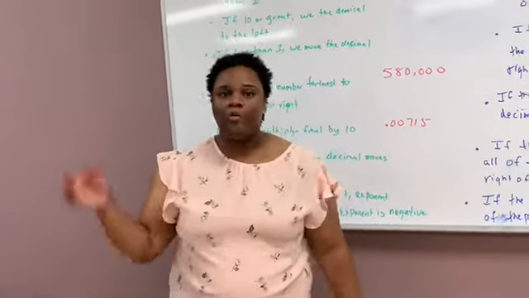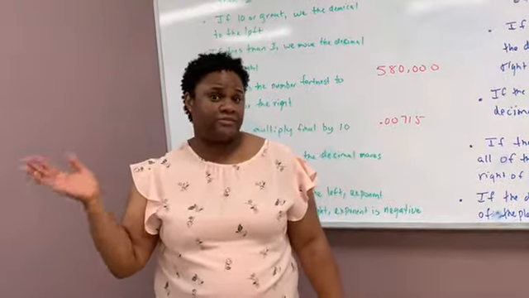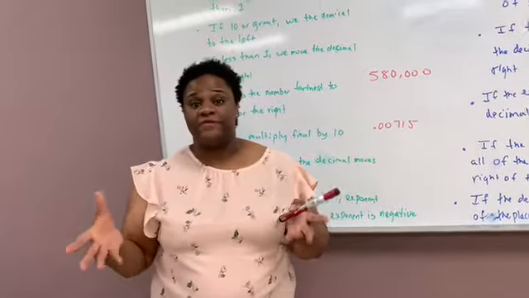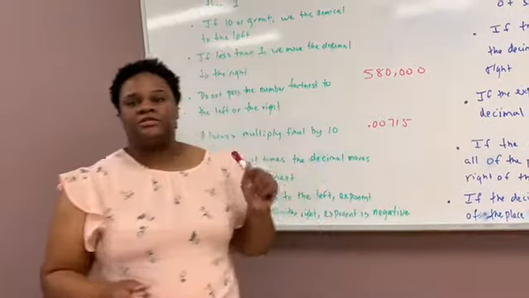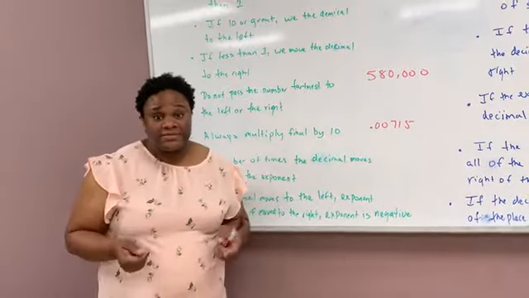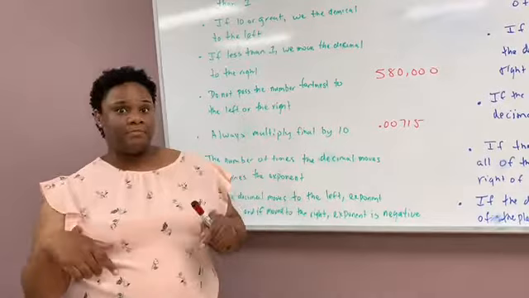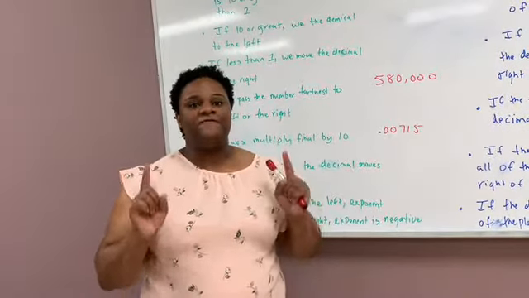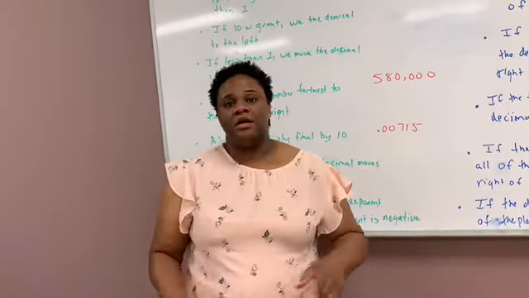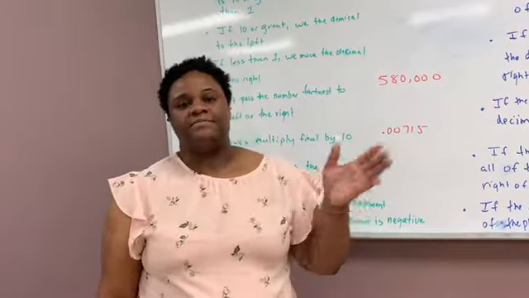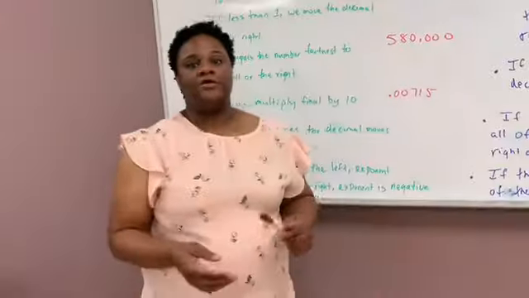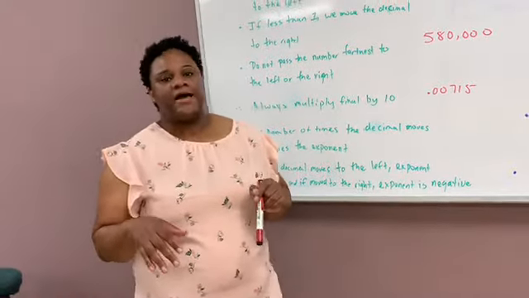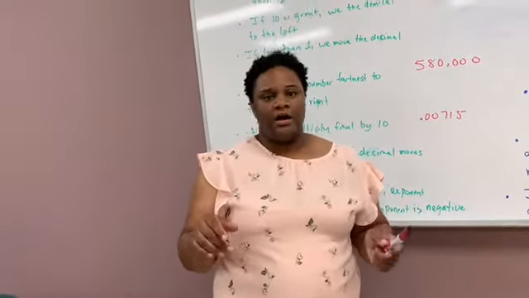It's usually going to land between two significant figures, or two non-zero numbers. Once your decimal lands where it needs to be, that final number is the number that you multiply times the base number of 10.